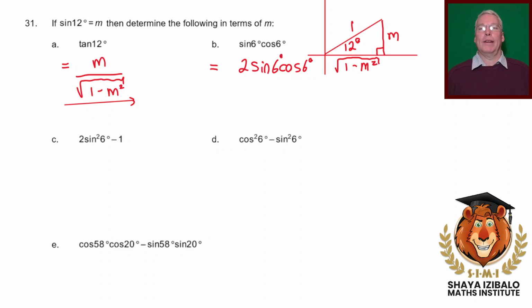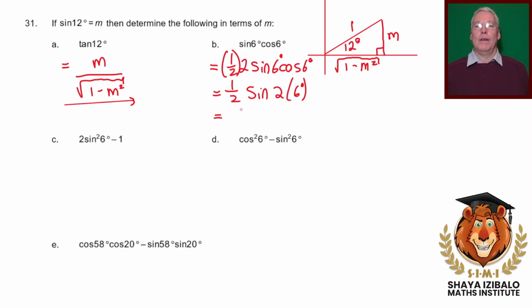We can't make it 2 sine x cos 6, but what we can do is write it like that. 2 sine x cos 6 is just sine of 2 lots of 6. So in fact, our answer here is half sine 2 lots of 6. 2 lots of 6 is obviously 12, so it's half sine 12. It's a half m.